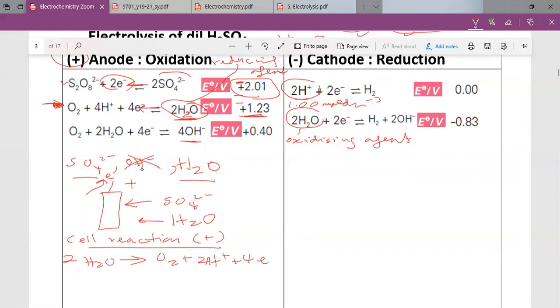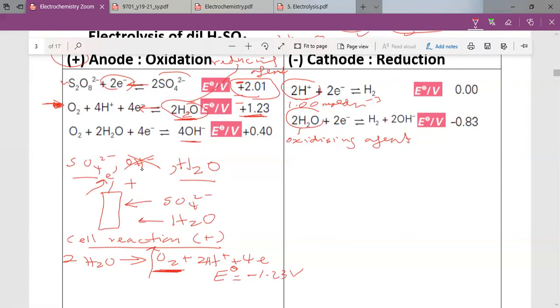Now the E° value here is minus 1.23. That means I require energy to overcome this. So you get oxygen given out. So what is the identity of the substance liberated? Oxygen gas, which is true.